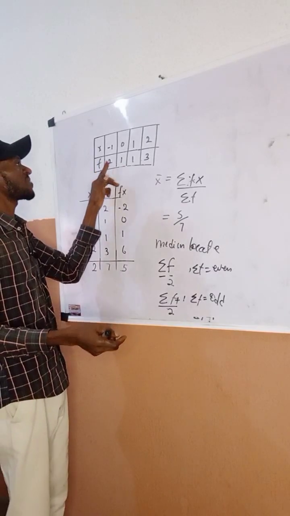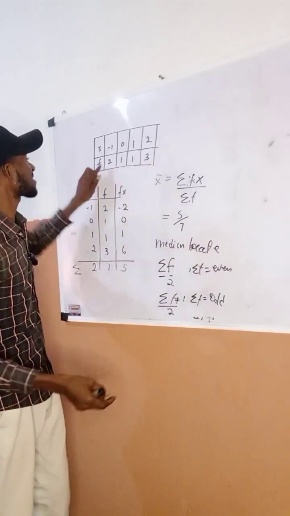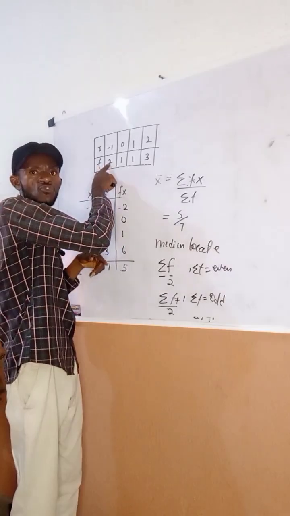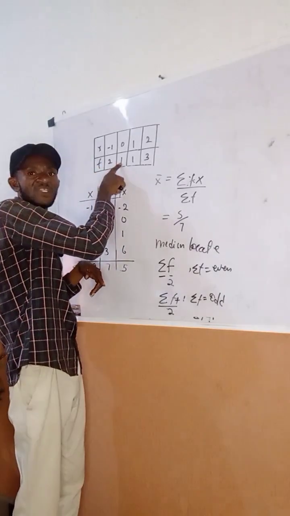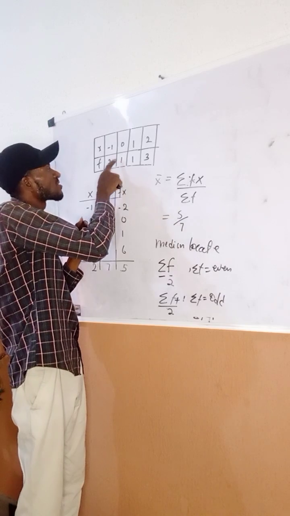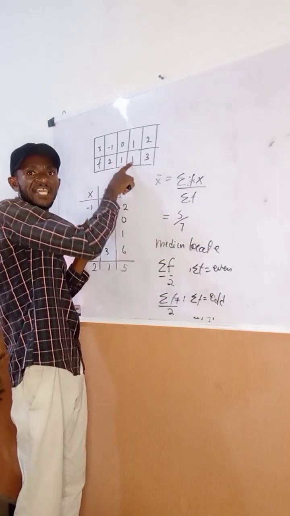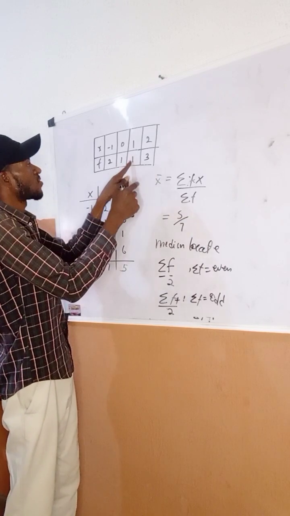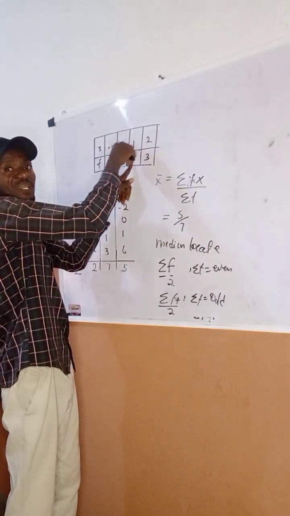I can either start from here or I can start from here. If I start from here, I ask myself, is 4 found in 2? No. 2 plus 1 is 3. Is 4 found in 3? No. 3 plus 1 is 4. Is 4 found in 4? Yes. So I am here. What is the value on top here? 1.